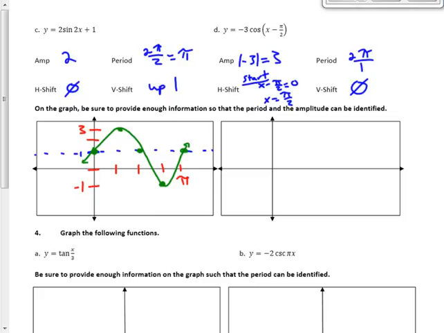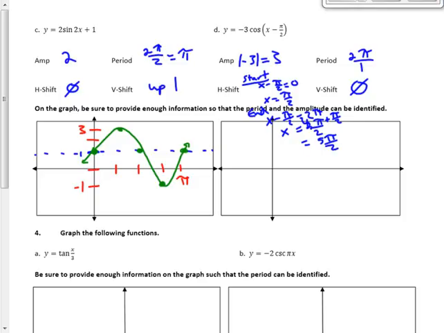Then I'm going to do an ending point. It's this equal to 2 pi, because I want to find out where I'm moving that 2 pi, that ending point. I add pi over 2 to both sides. Get a common denominator here, so that's 4 pi over 2, which means that I actually end at 5 pi over 2.